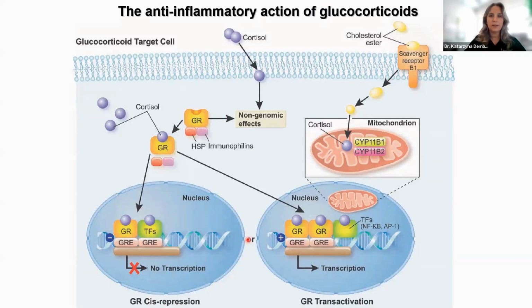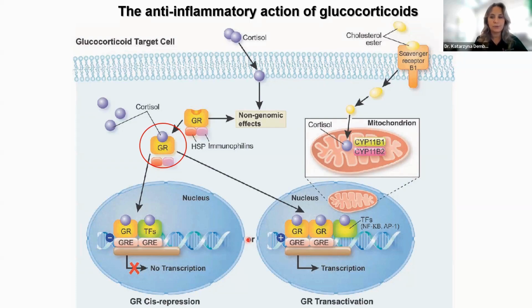Glucocorticoids have been used clinically for decades as anti-inflammatory and immunosuppressive agents. Glucocorticoids, like other steroids, diffuse through the cell membrane, and they can bind to the cytoplasmic glucocorticoid receptor, GR.